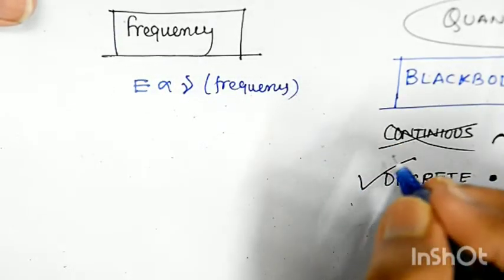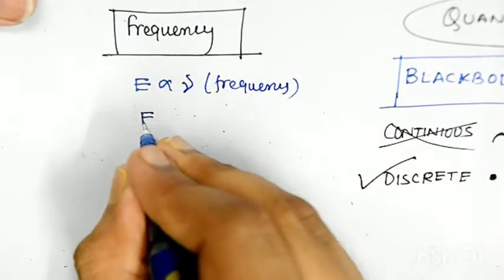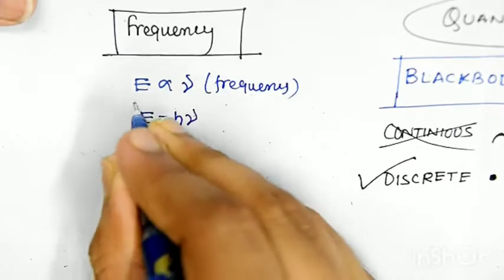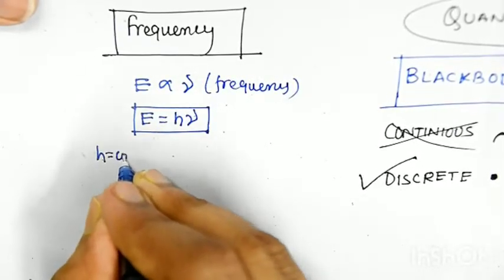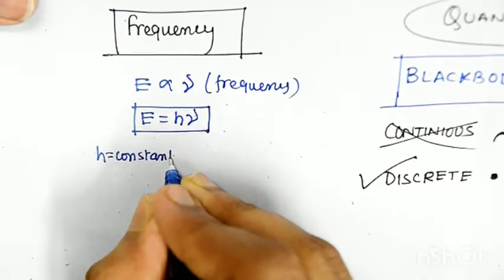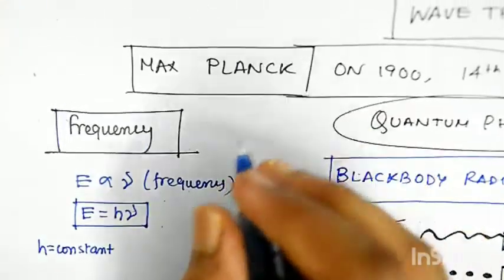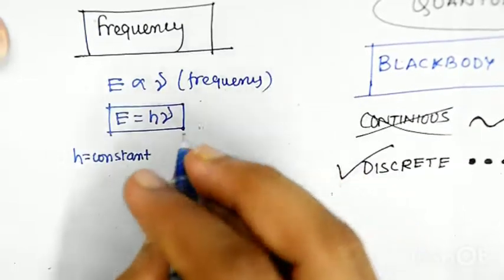In this proportional relation, we get a constant h, which, after the name of Max Planck, is called Planck's constant.